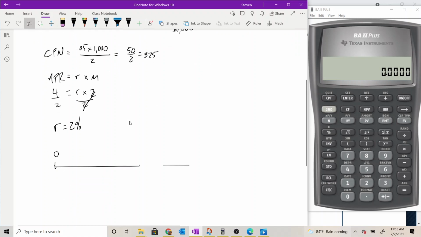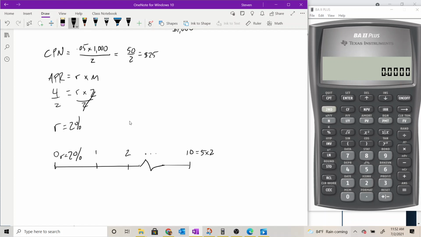This bond at this point has 5 years left to maturity. And if it has 5 years left to maturity, that means there are 10 payments remaining. So it's 5 years, there are 2 payments every year, so 5 times 2 is 10 total payments. Our yield is still the same, it's 4%, but we need the 6-month effective yield.